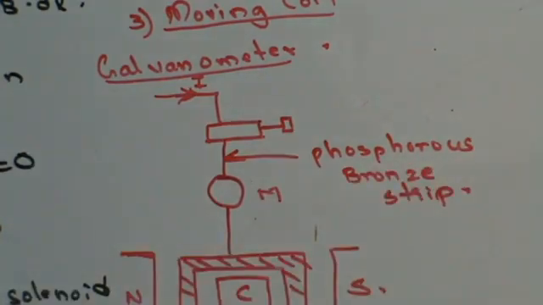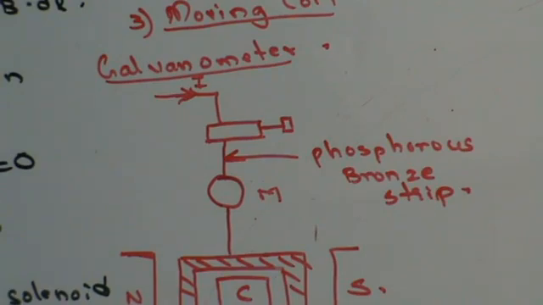That's the material that is used for suspending the coil. The reason why we use phosphorus bronze strip is because it has good elastic properties, right? And it is a good conductor.